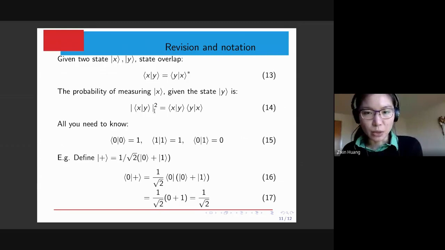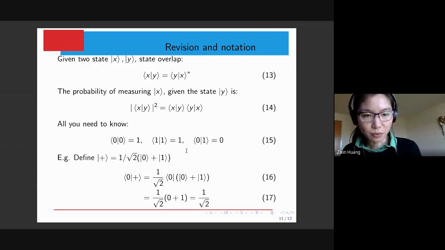So that's given by equation 14 over there. So basically, all you need to know for this course is that 0 overlaps with 0 to give you 1, and 1 overlaps with 1 to give you 1. And obviously, 0 is orthogonal to 1, and their overlap would be 0.